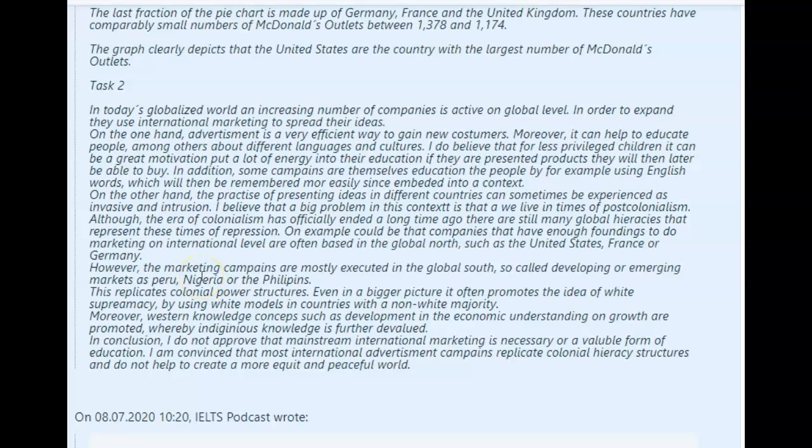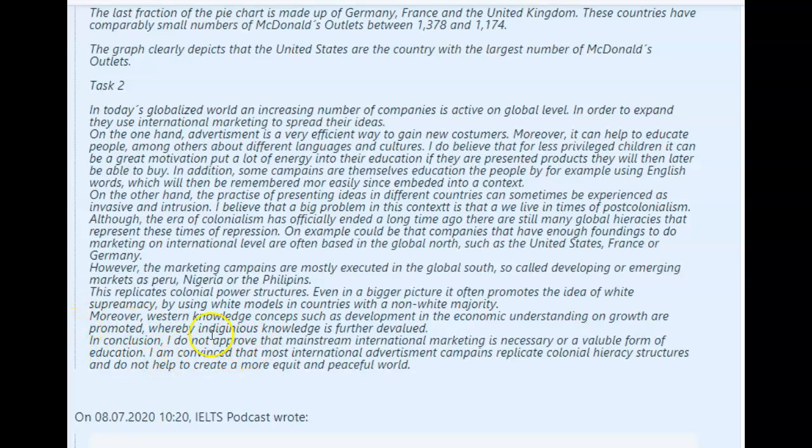"This replicates colonial power structures. Even in a bigger picture, often promotes the idea of white supremacy by using white models in countries with a non-white majority. Moreover, Western knowledge concepts, such as development and the economic understanding of growth, are promoted, whereby indigenous knowledge is further devalued.